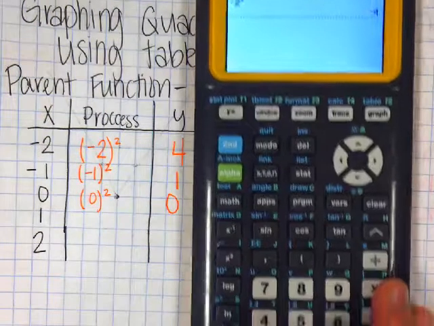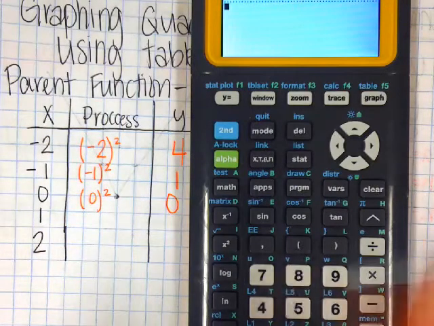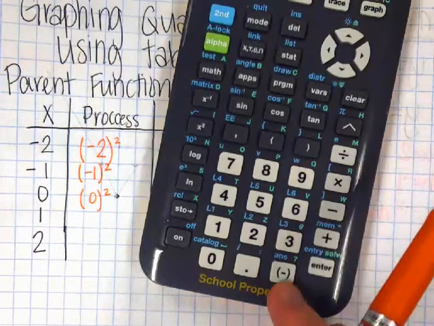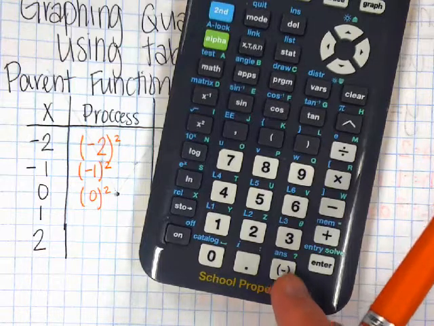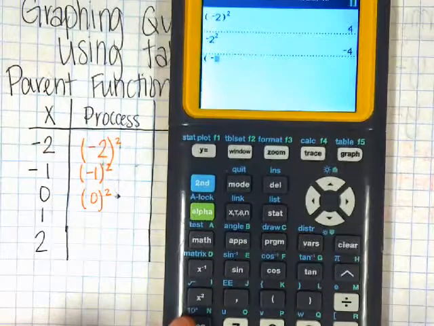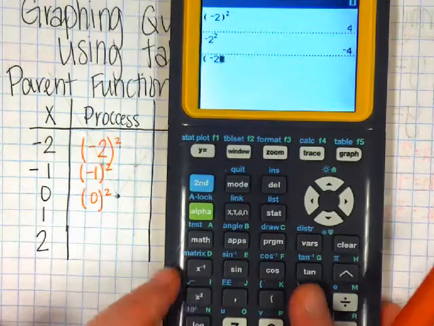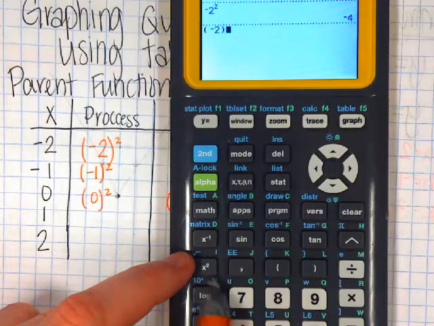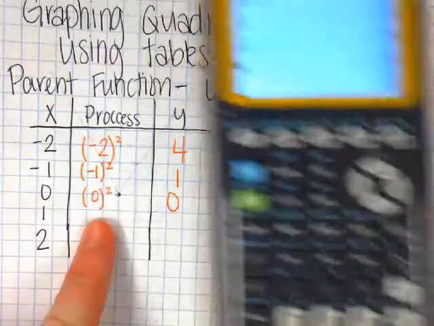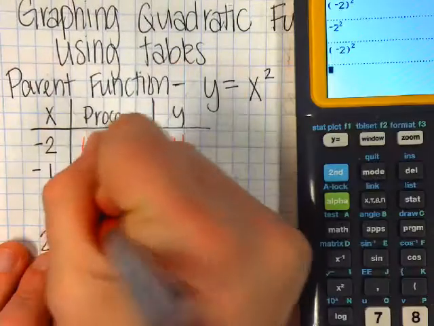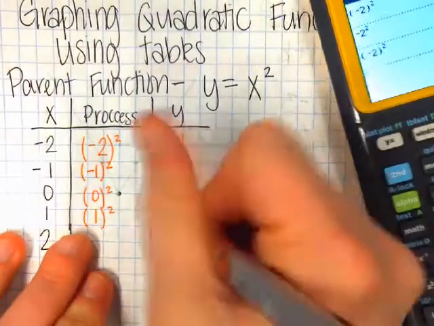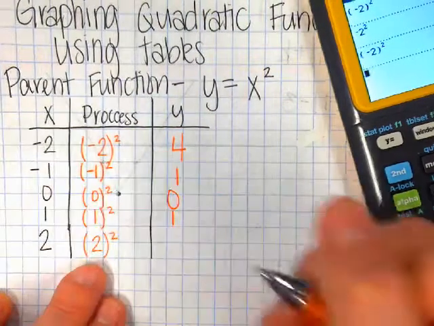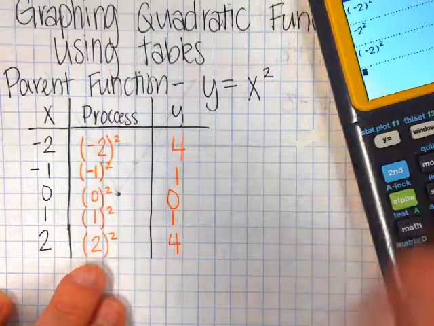So what I clicked is I hit parentheses, which is directly above the 8 and the 9. So I did open parentheses. The negative is down here next to the period or the decimal. -2. Make sure you close parentheses. And then squared is right here diagonal to the 7. And it gives me 4. Okay? 1 squared, 1 times 1 is 1. And then 2 squared, 2 times 2 is 4.